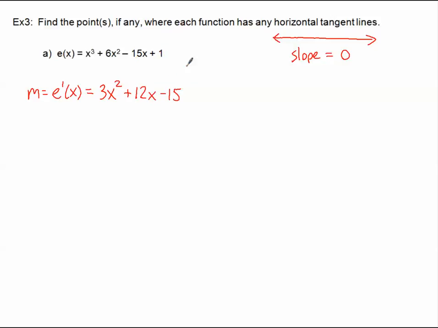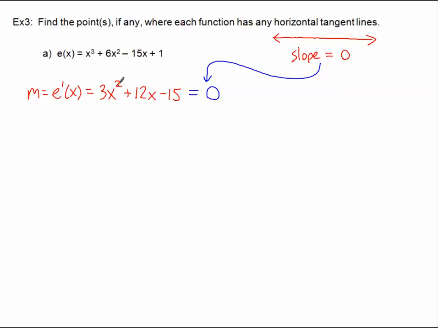Our fourth term doesn't do anything since it would be 0 times 1. It goes away. So this is the expression for slope. I want to know when is this expression equal to 0? When is the slope equal to 0? Because that will tell me when I have a horizontal line.